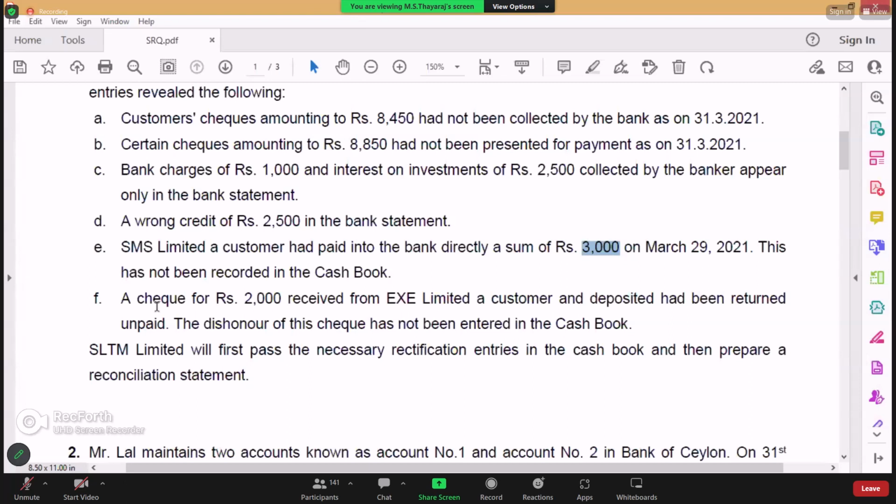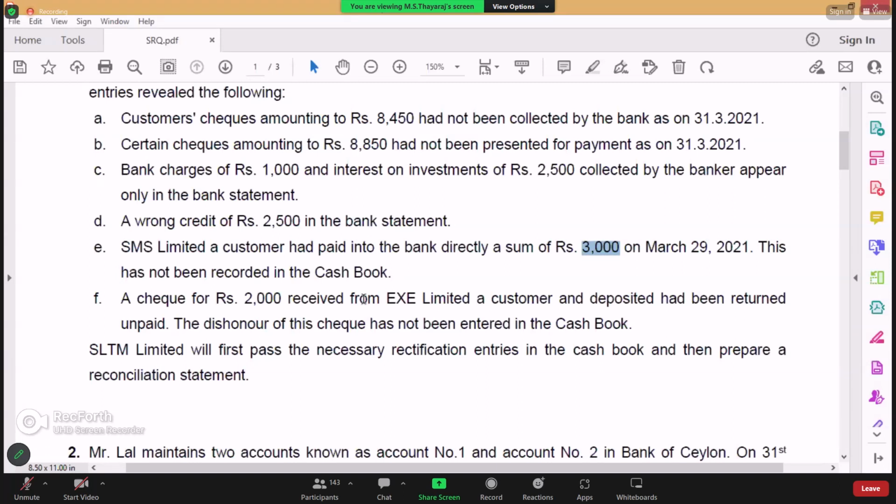A check for rupees 2,000 received from EXE Limited, a customer, and deposited has been returned unpaid. The dishonor of the check has not been entered into the cash book. So we received these 2,000 rupees in the cash book as a check from our customer.